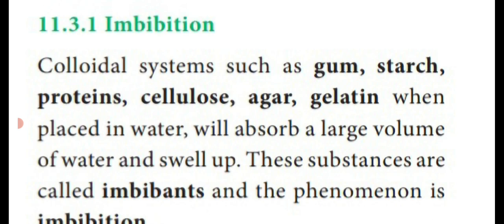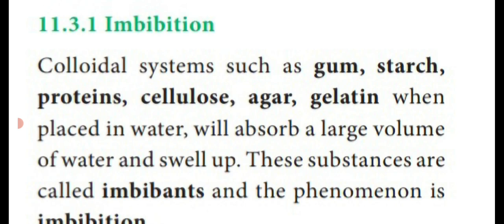For example, if you soak a seed, for example chickpea, in water, it will absorb the water through the micropylar region. That means a minute pore which is present in the seed, and its shape is modified, that is bulged up or swollen due to the absorption of water. That process is called imbibition.